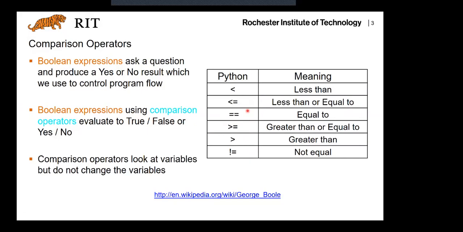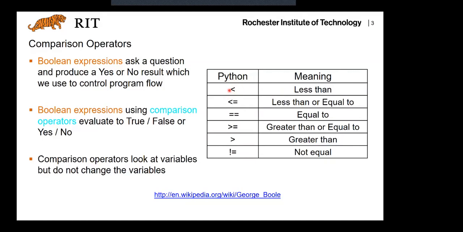For example, if you have two variables or two numbers, and you put them left and right of this less than operator, basically it will check whether the left one is smaller than the right one. If the answer is yes, it will return true.